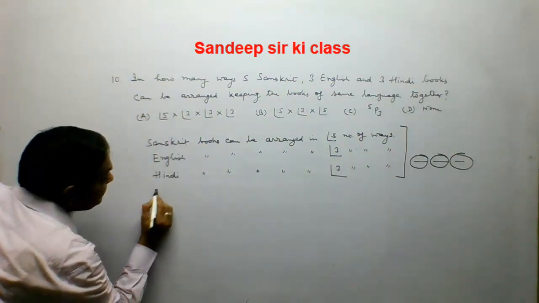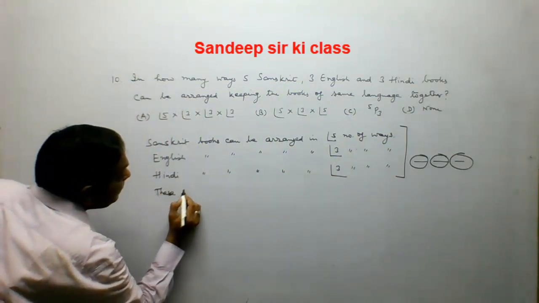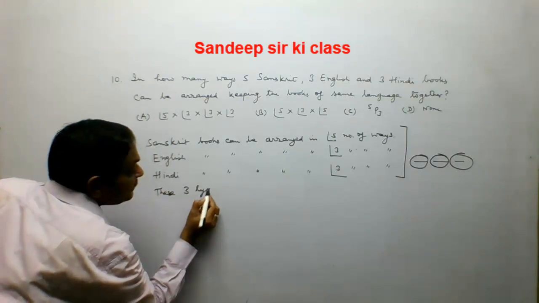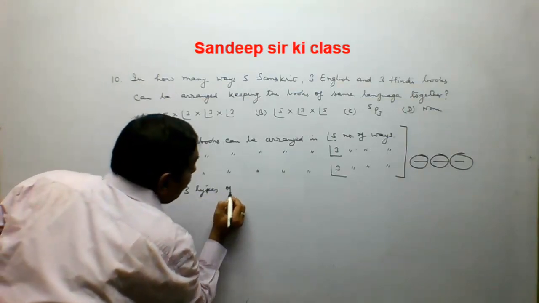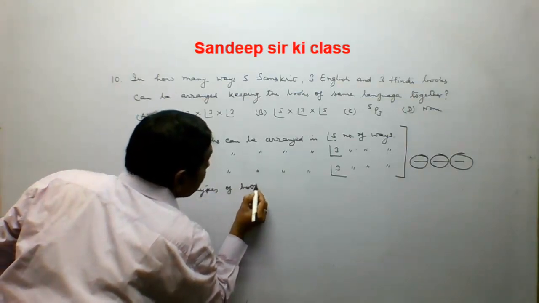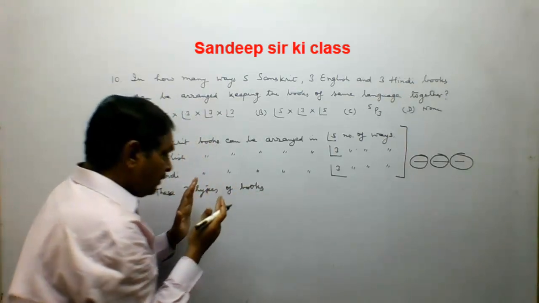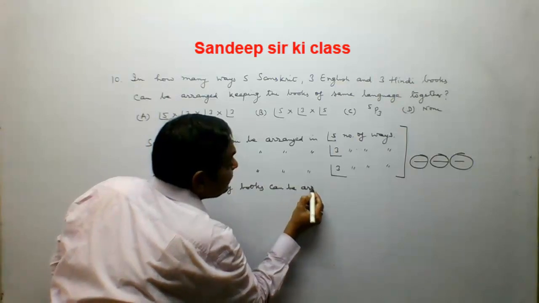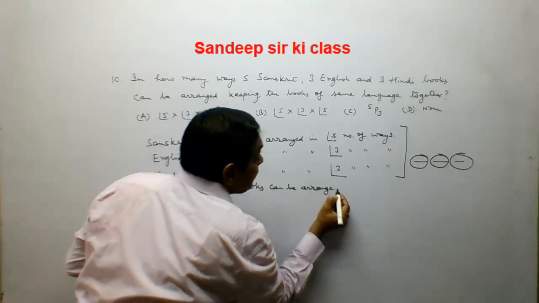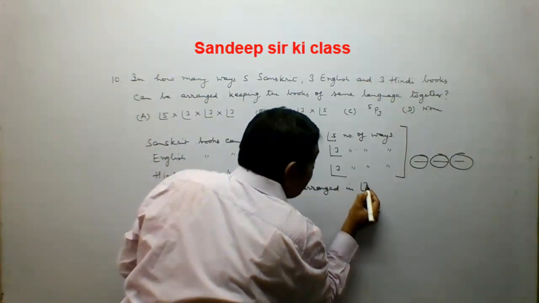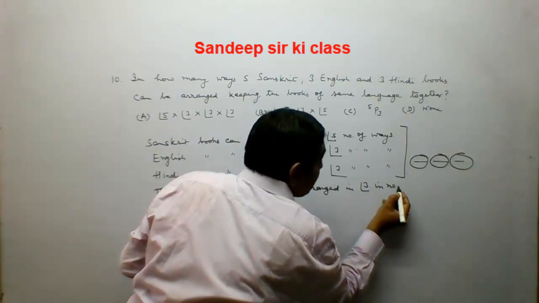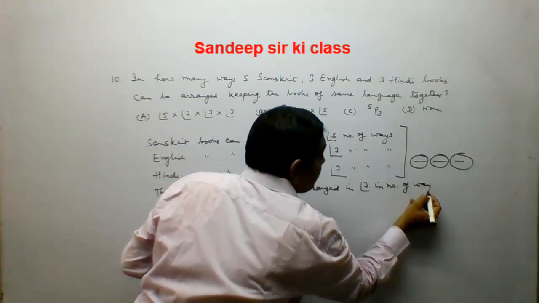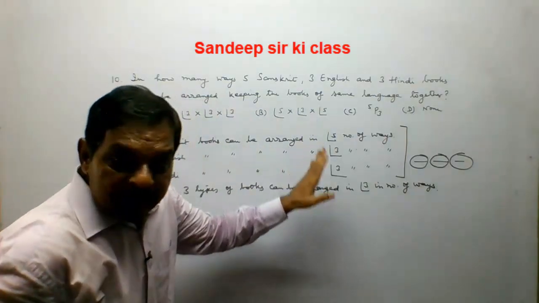So these 3 types of books, 3 languages of books, can be arranged in factorial 3 number of ways, because they are of 3 types.